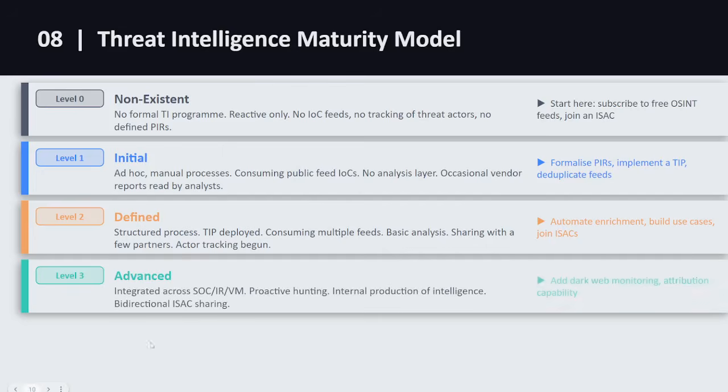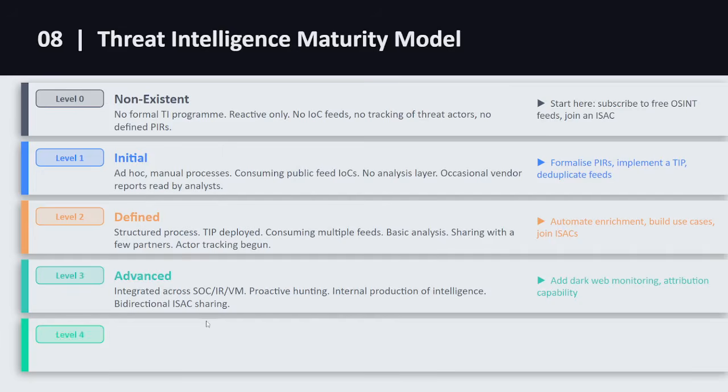You will have a SOC, integrated response, vulnerability management, proactive hunting, everything available at your disposal. So now you are taking threat intelligence seriously, and you have integrated it with the SOC.